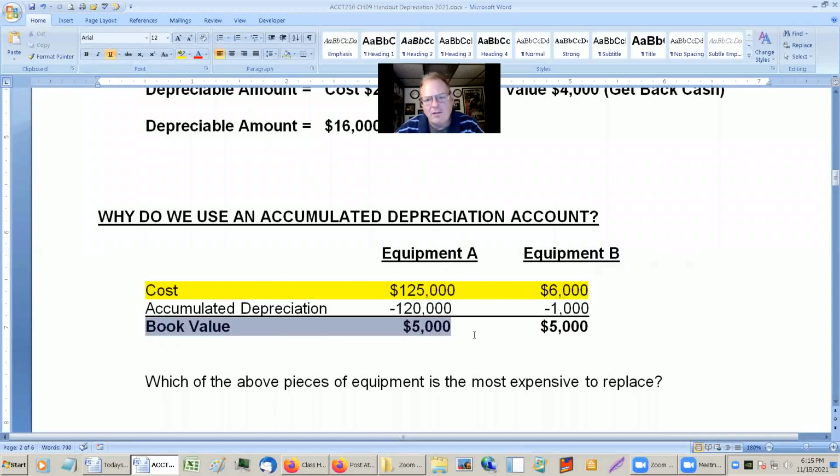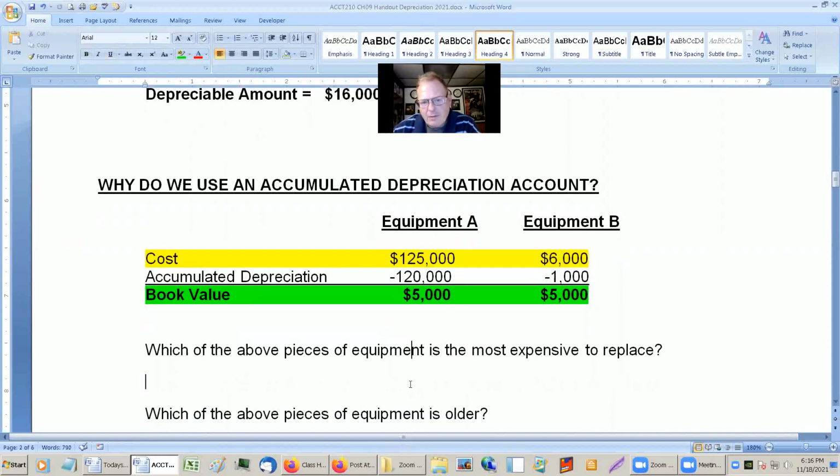If you had these two pieces of equipment and you just looked at the book value, they look the same. Equipment A and equipment B are both worth $5,000 on the books. It'd be absolutely normal to assume that these are very similar assets. Whereas if you had this extra information, for instance, which of the above pieces of equipment is the most expensive to replace?